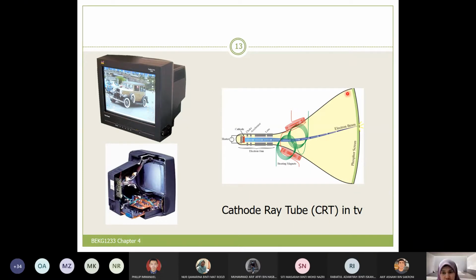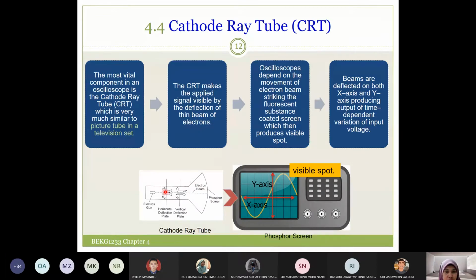So this is the CRT in a television, and this is the CRT in an oscilloscope. The CRT makes the applied signal visible by the deflection of a thin beam of electrons. Oscilloscopes depend on the movement of the electron beam striking the fluorescent substance. The fluorescent substance is the coated screen, which then produces visible spots. The beams are deflected on both x and y axes, producing an output of the time-dependent variation of the input voltage.